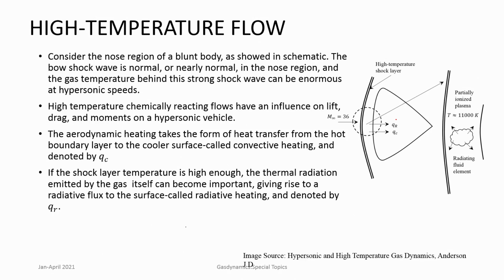So, not only convective heat transfer, which itself is quite large, and this convective heat transfer is inversely proportional to the radius. That is, blunt bodies with large radii of curvature have lower convective heat transfer. That is why sharp corners are not preferred in hypersonic flows, otherwise they can simply melt away. Always rounded or blunt corners are preferred.